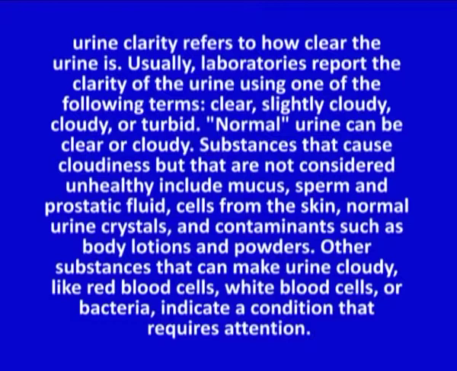Substances that cause cloudiness but that are not considered unhealthy include mucus, sperm, and prostatic fluid, cells from the skin, normal urine crystals, and contaminants such as body lotions and powders. Other substances that can make urine cloudy, like red blood cells, white blood cells, or bacteria, indicate a condition that requires attention.